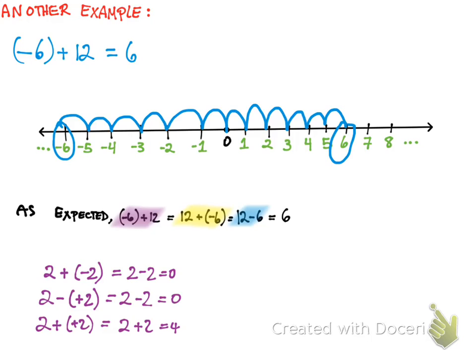And finally, here's the tricky one. 2 minus minus 2, when there's two negatives following each other, that's the same thing as saying 2 plus 2. Two negatives make a positive. So these are the rules of adding and subtracting positive and negative numbers.